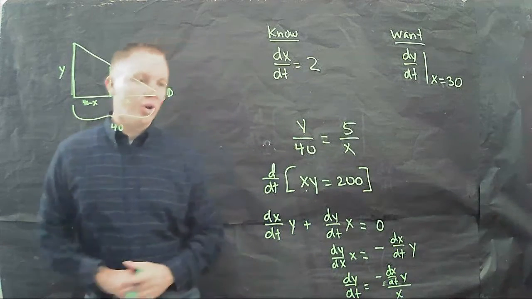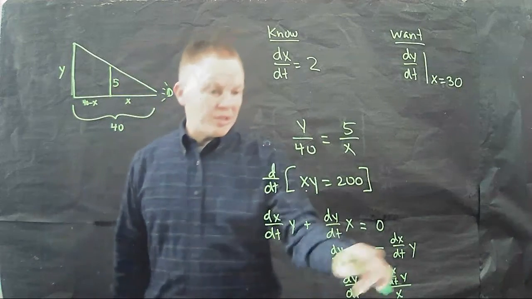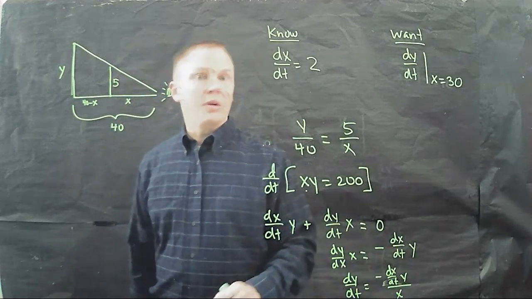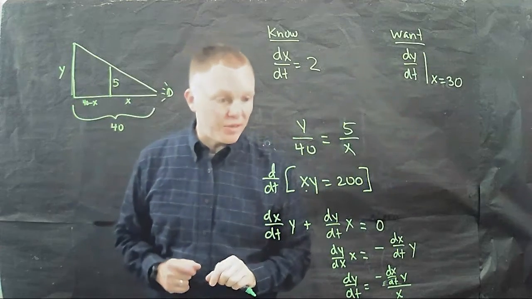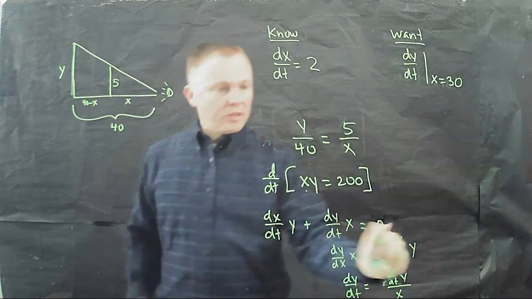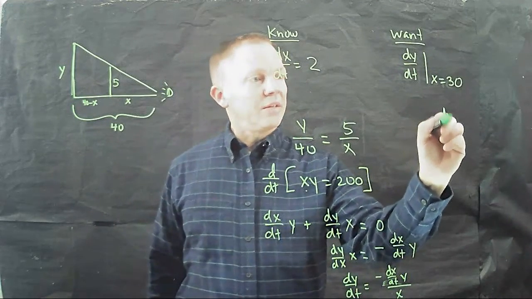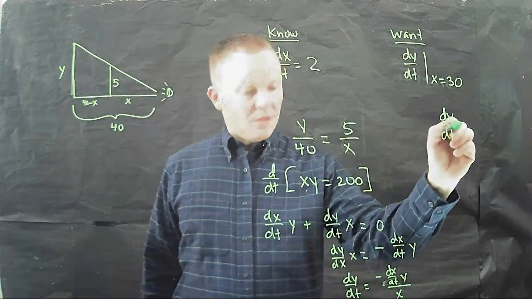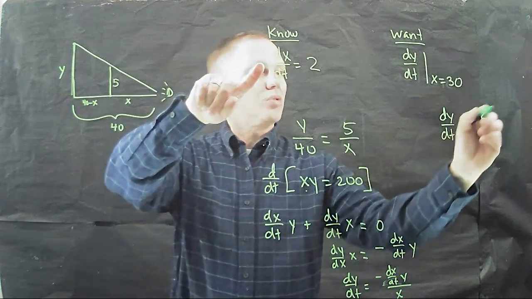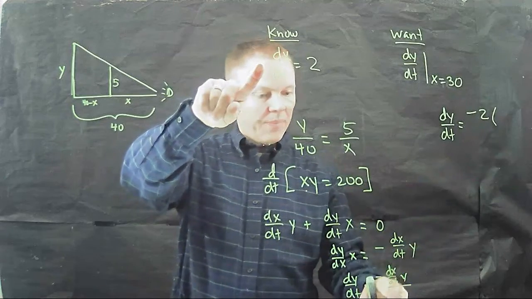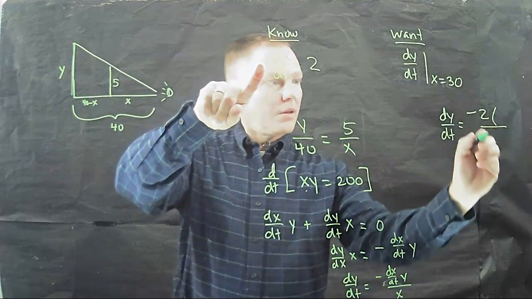Okay, so I've solved, now I'm going to substitute. All of these things on the right side I know. Either they were constants or they're the value of when I want to take the picture and freeze everything. So dy dt is going to equal negative dx dt, which was 2, times y.